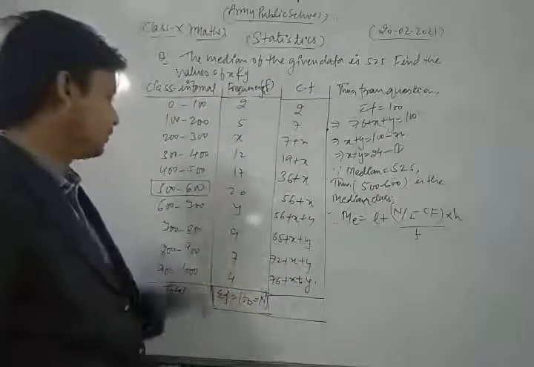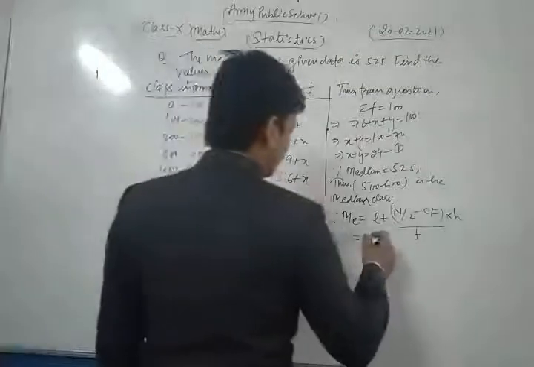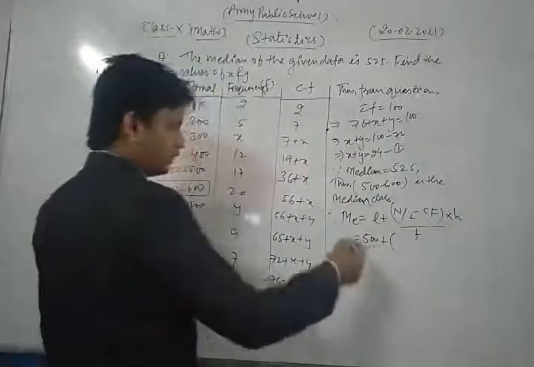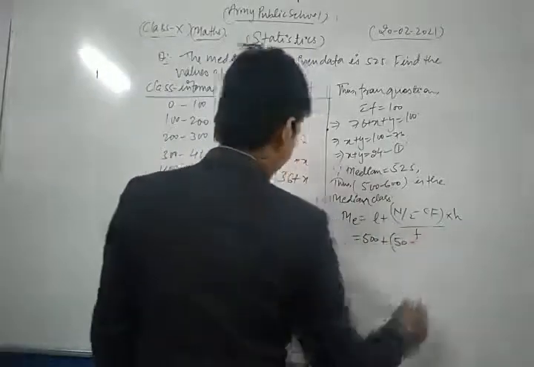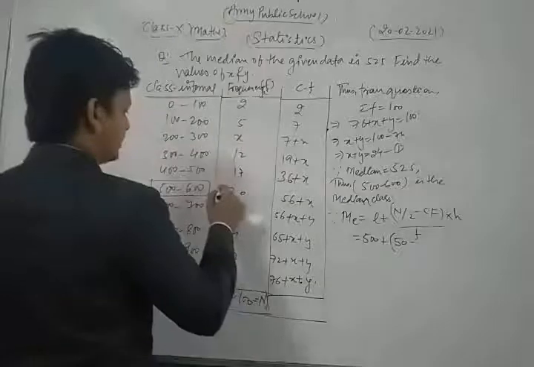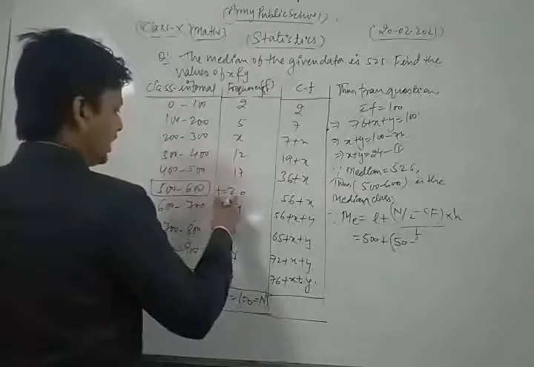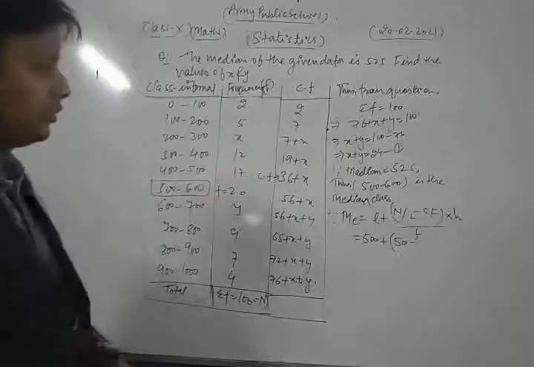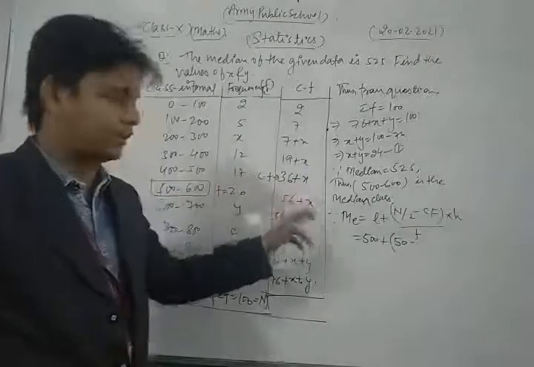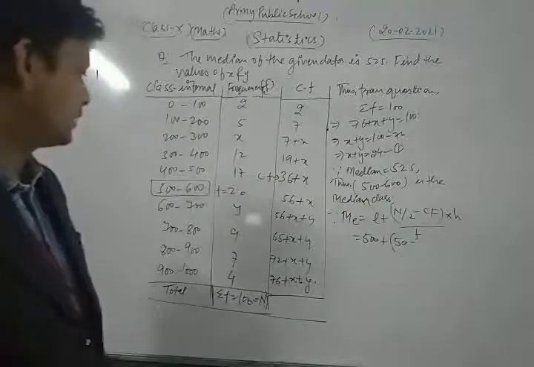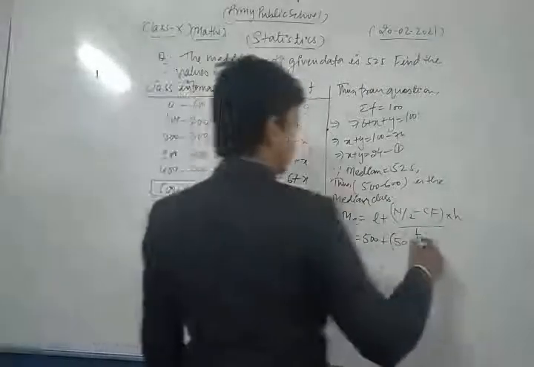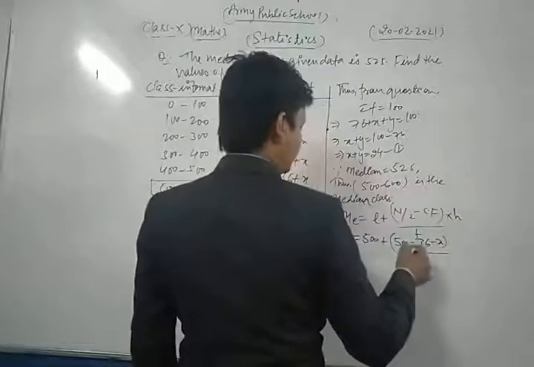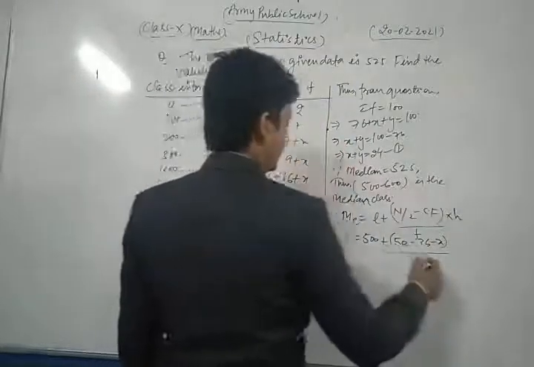Here L is the lower limit of the median class, which is 500, plus the value of n is 100, so n by 2 is 50, minus Cf. This is the cumulative frequency just preceding the median class, that is Cf is equal to 36 plus x. So if we put 36 plus x, then we get minus 36 minus x. If we break the bracket, then we get this upon f, which is 20 here.